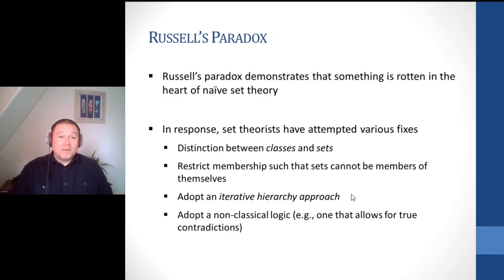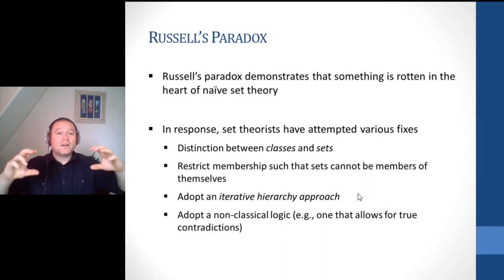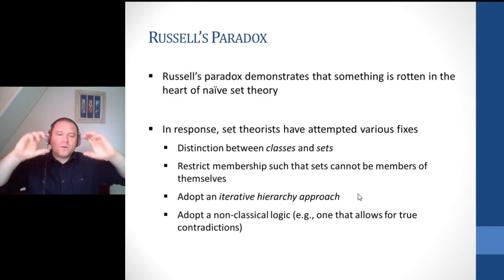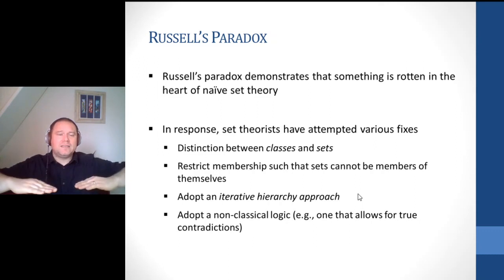One move that's been favored quite a bit is to adopt what's often called an iterative hierarchy approach to set theory. So the idea here is that we can apply the axiom of comprehension, but only at certain levels. So what we can do is we take our elements and we generate all the sets we can from them. And that now gives us another layer, namely all the sets we've got from our individuals. Now for our next layer up, we can apply our set theoretic machinery to everything that we got from our first iteration and the individuals.